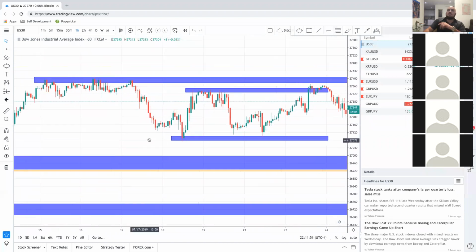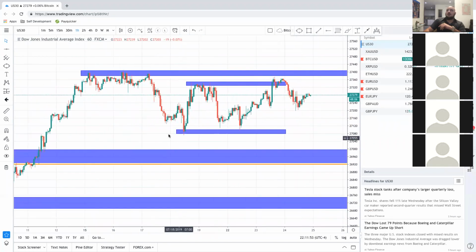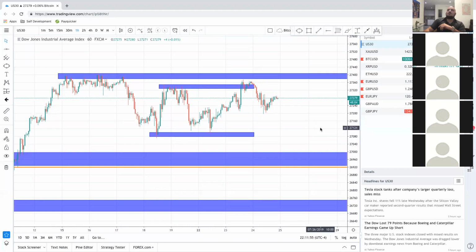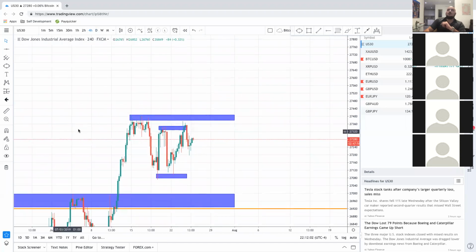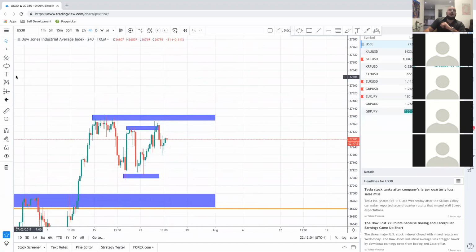Look, this is US 30 right here, guys. What is it doing? It's going from zone to zone. That's all it does. Ups and downs, ups and downs, and you just ride the wave through the zones until you have a breakout. And what is a breakout? Very simple. A breakout is a zone, okay? Look, it hasn't been able to break out, right?